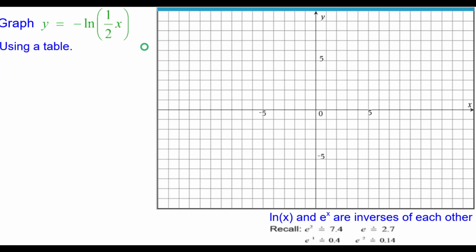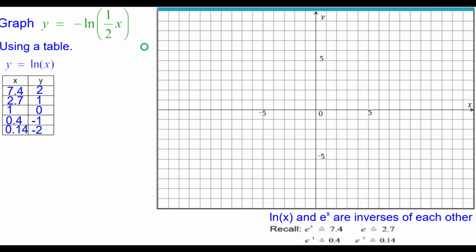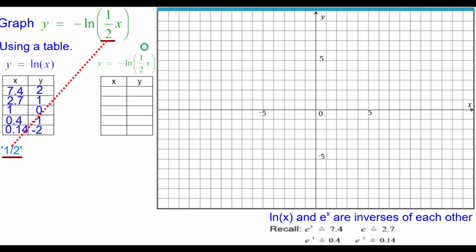Using a table, before we do that, again, natural log and e to the x are inverses, and these are the powers of e that we need to know. Here's our table of 5 values that we usually use. The 1/2 inside the argument, multiply each x value by its reciprocal, which in this case is 2.